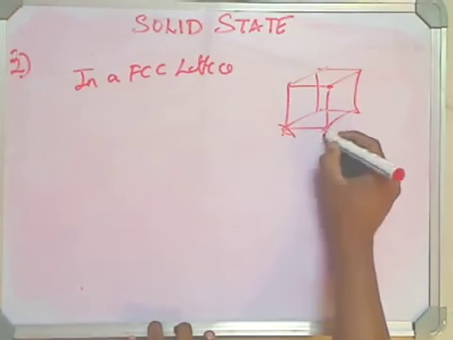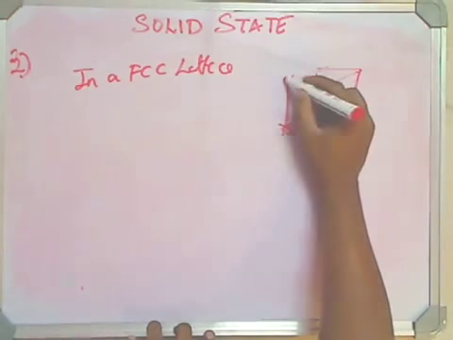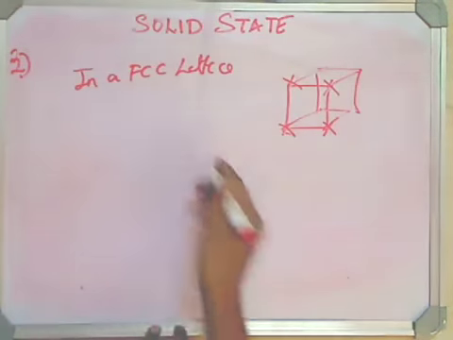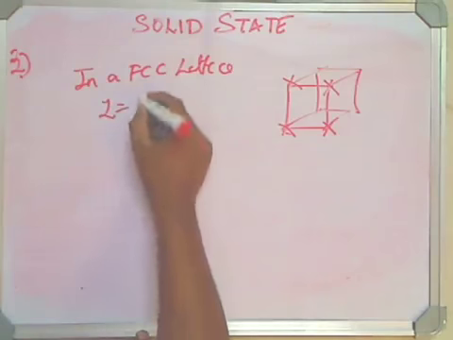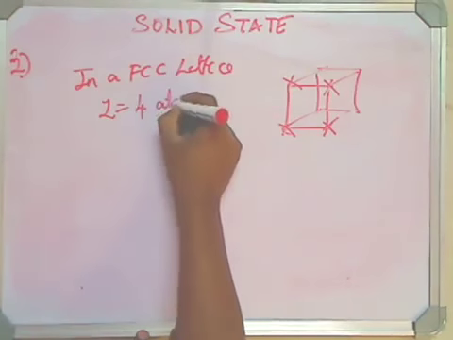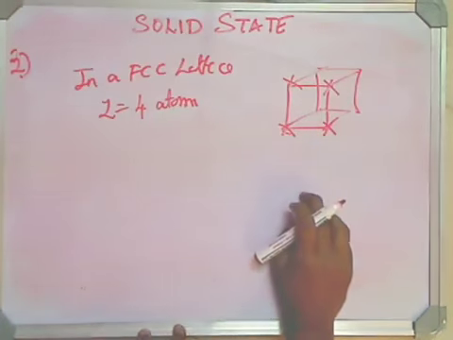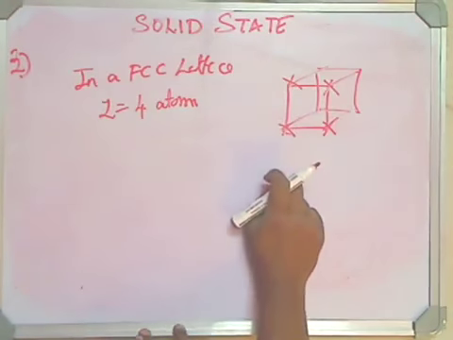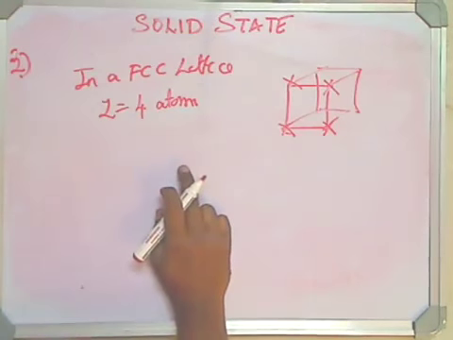Put this as an atom, this as an atom, this as an atom, and this as an atom. Like I said, use your imagination and think of atoms being put in places like this. So this should give you the value of Z. Z here refers to the 4 atoms, that is the number of atoms present in the structure. So I have 4 atoms being present here.